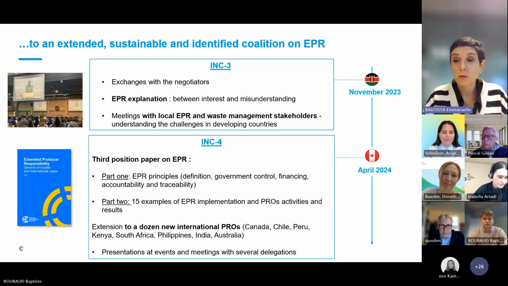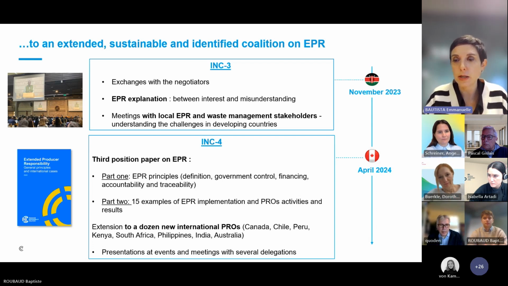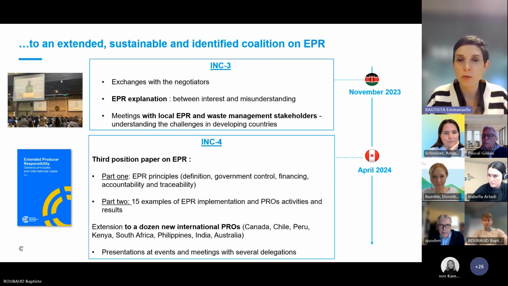It was also the occasion before this INC4 to extend our coalition to more than 10 PROs, namely PROs from Canada, Chile, Peru, Kenya, and other countries.